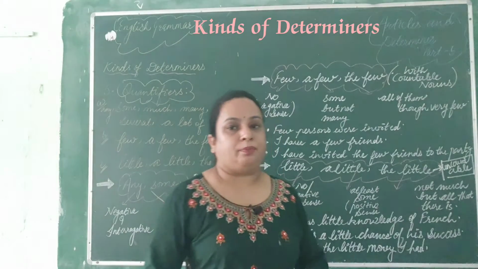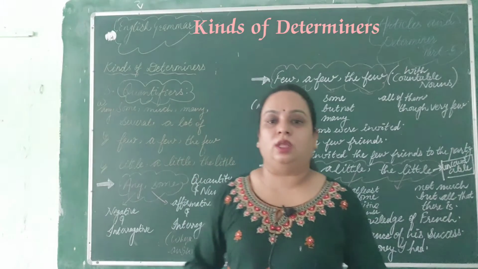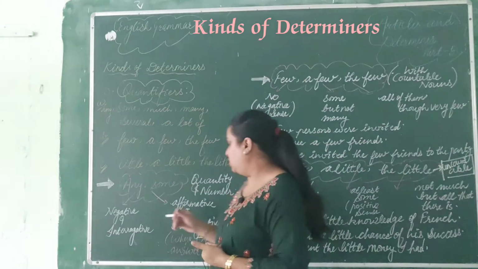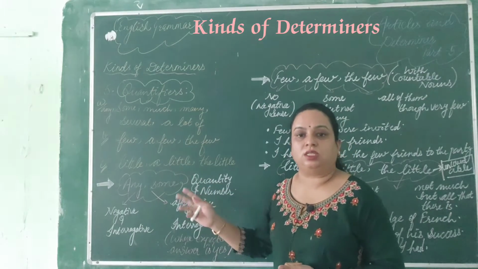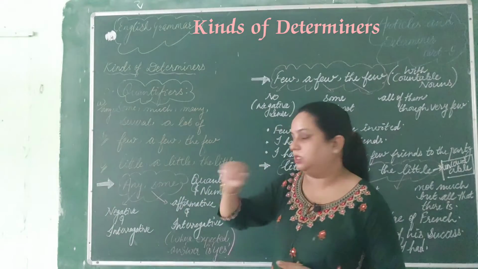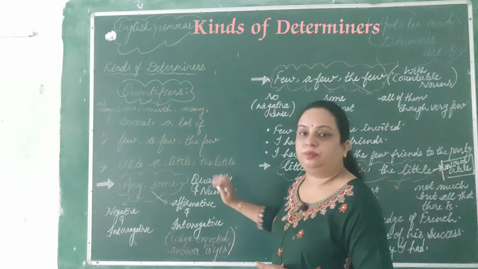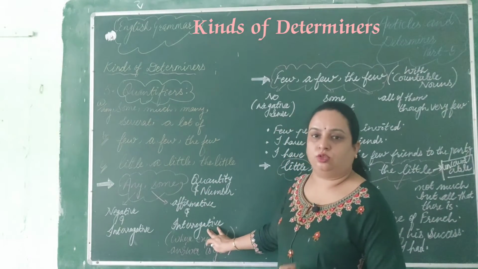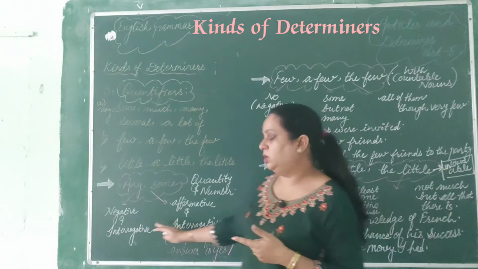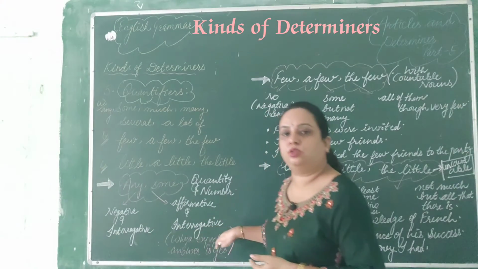When we talk about some, some is used in affirmative sentences where no negative sense is given, right? The positive sentence, that is known as affirmative. And some is used in interrogative sentences also, but you will tell me now, ma'am has told here also interrogative and here also interrogative.